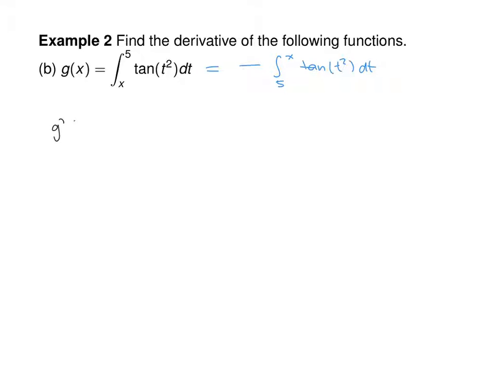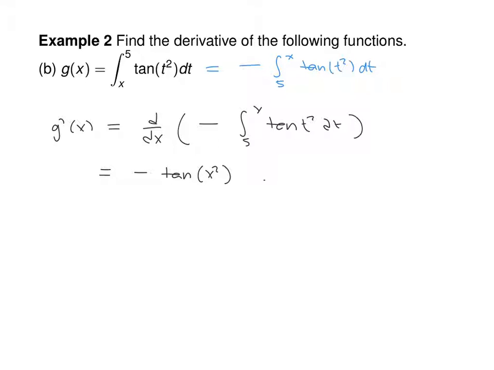So then g prime of x is the derivative of negative integral from 5 to x of tan t squared dt. And what will that be? Negative tan x squared. That's it.